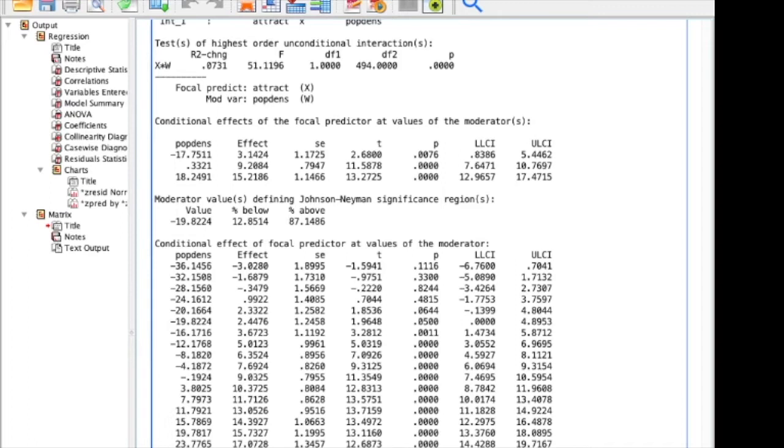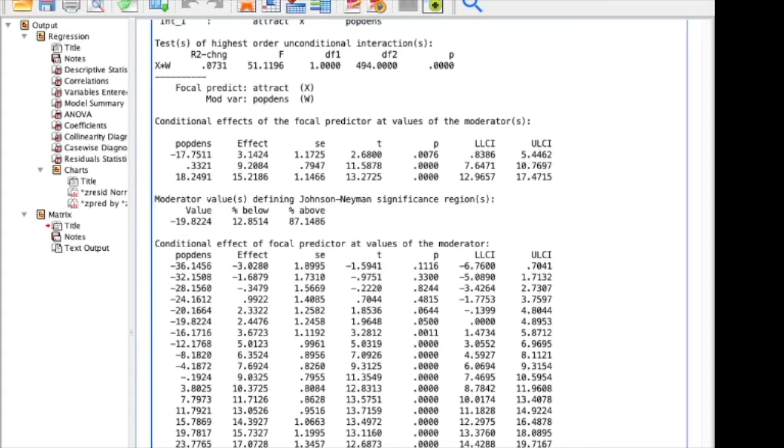And that is a significant effect. And then as we increase to 0 approximately, so at the mean, it's now for every 1 unit increase in attractiveness, there's a 9 unit increase in how many souls are harvested. So 1 more unit of attractiveness gets you 9 more souls at the mean level of population density.